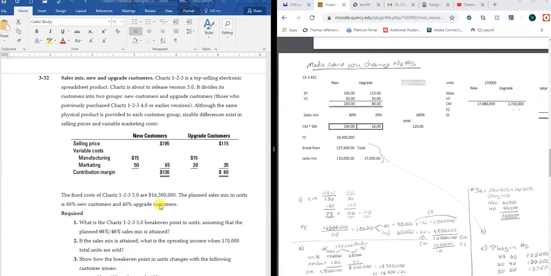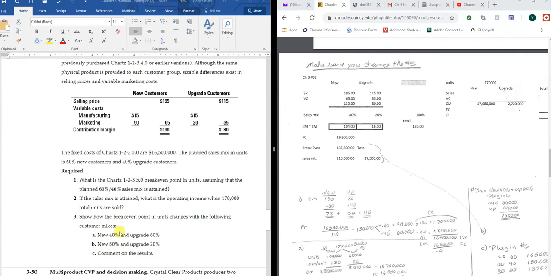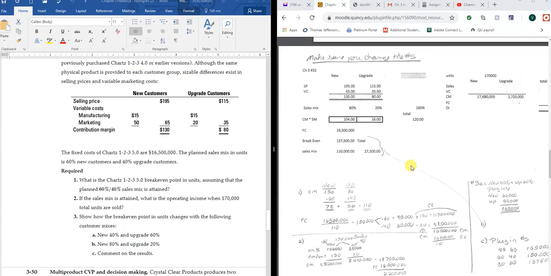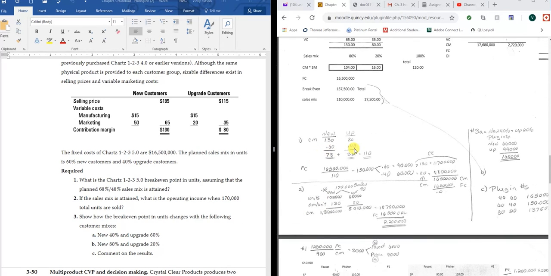So I've got that right there. Then my sales mix is 60 and 40. So I take 130 times 60% and 80 times 40%.